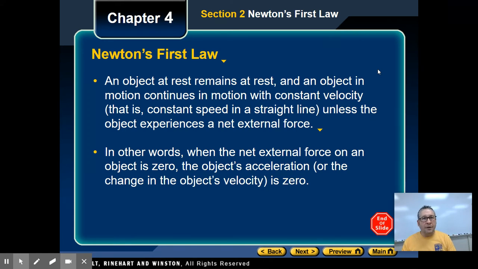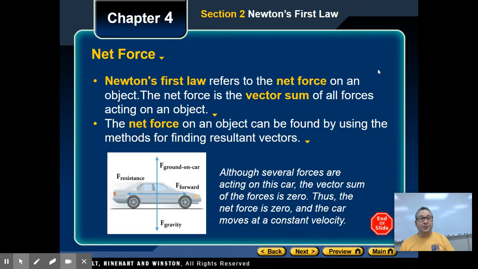Adding on to it now that we are high schoolers, it remains in those states unless we have a net external force acting on that object that's going to change its current state. So when the net external force on an object is zero, the object's acceleration will also remain zero. It refers to the net force on an object, meaning Newton's first law.